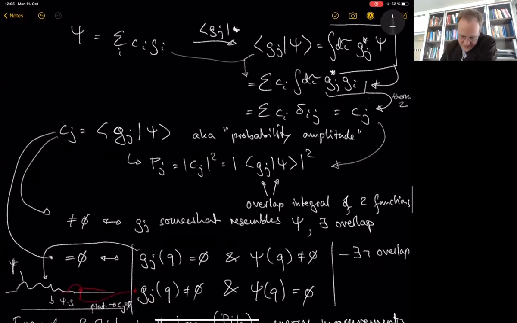If you just think about this integral, you have the eigenfunction of one state. That could be one possible outcome. The eigenfunction of that outcome has an overlap with your total wave function, the whole thing. And so the degree to which that matters is measured in your probability of J.